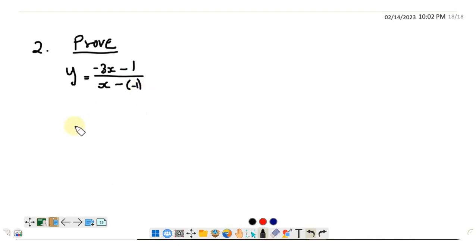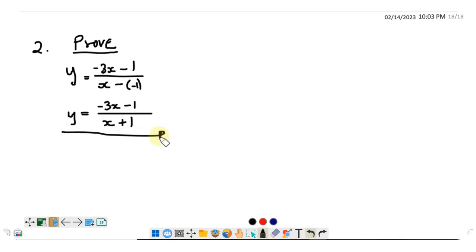There we go, so I substituted. X minus negative is positive 1.